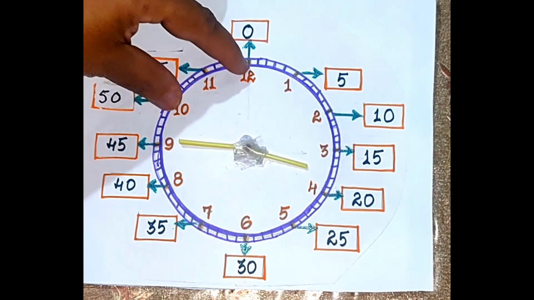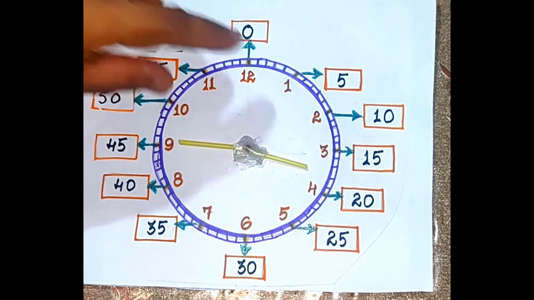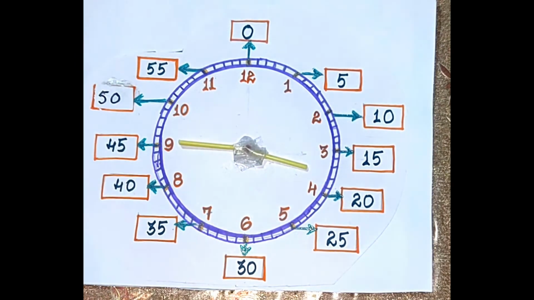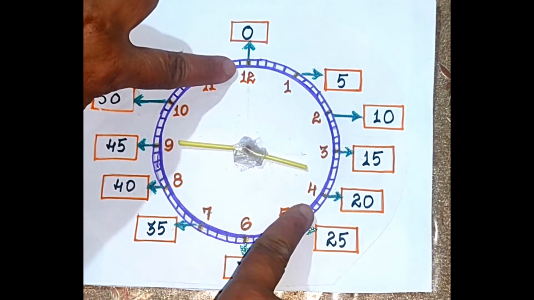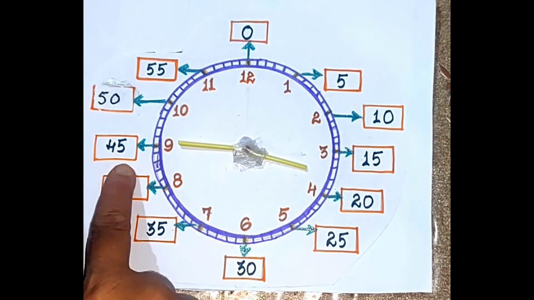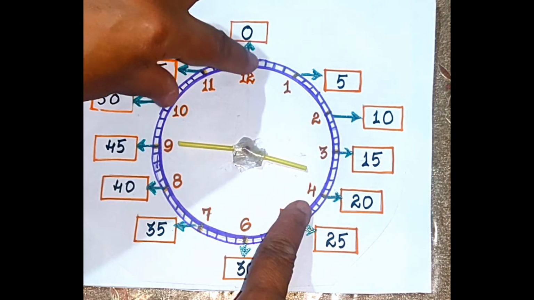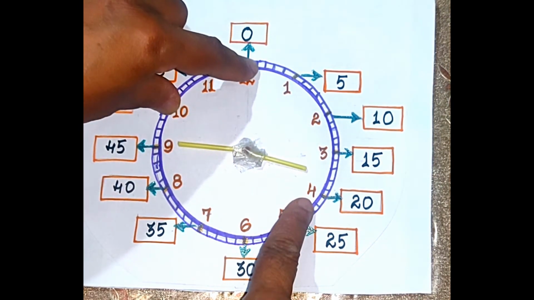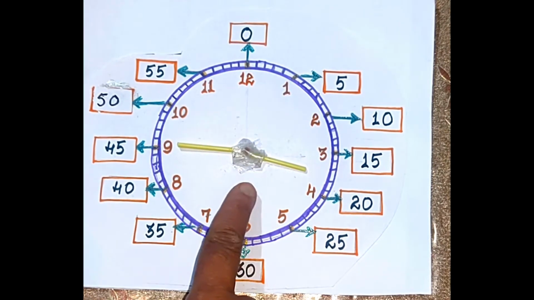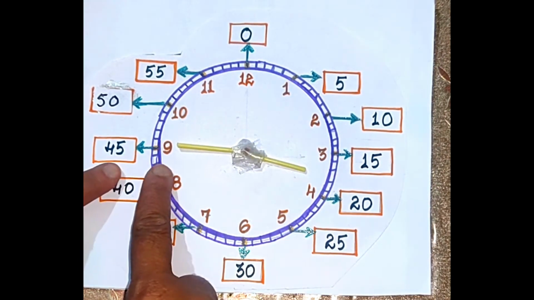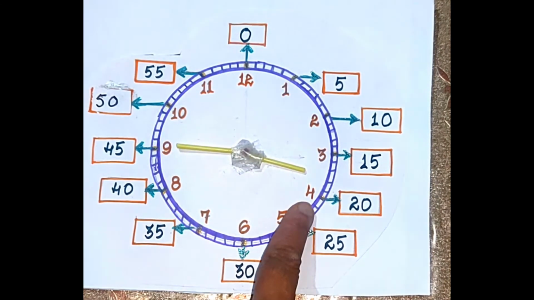Only 15 minutes left. So when there are 15 minutes left, what do we say? Quarter to 4. Okay, for 3:45, what do we say? Quarter to 4. A quarter is left for 4 o'clock. Understood? So please look at this time. It is 3:45, and what do we say? Quarter to 4.